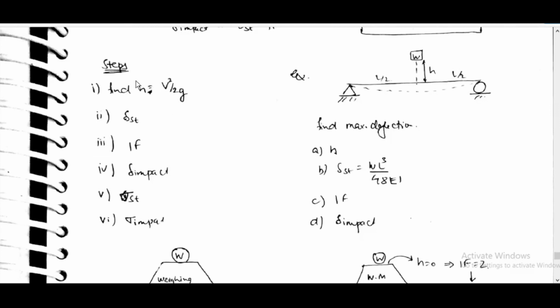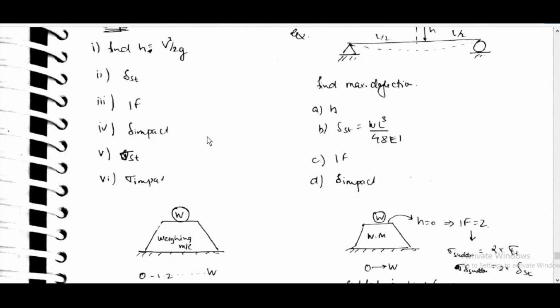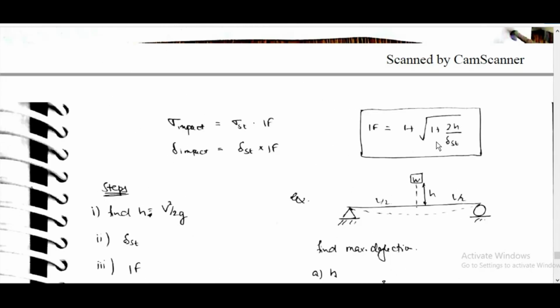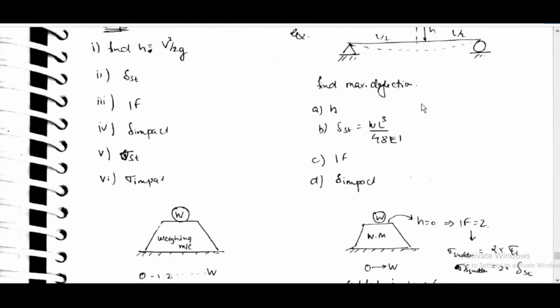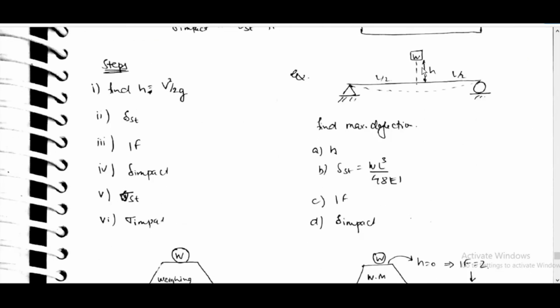In the steps above, find H equal to V square by 2G, find delta static, then impact factor, delta impact, sigma static, sigma impact. From the impact factor we can get everything: 1 plus root of 1 plus 2H by delta static. If weight is dropped here, then find maximum deflection.